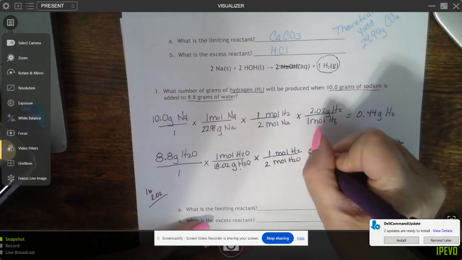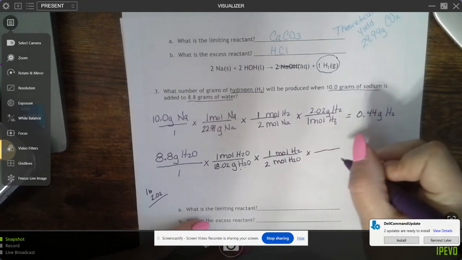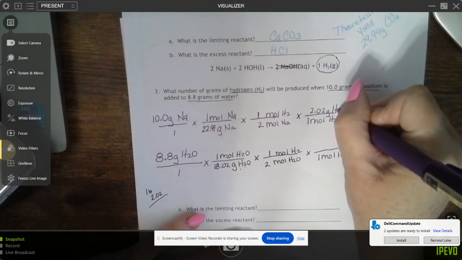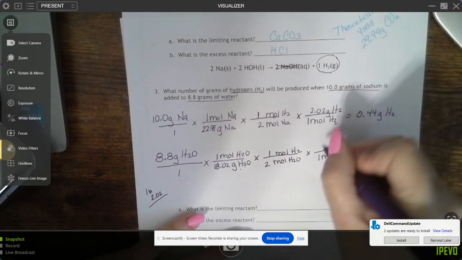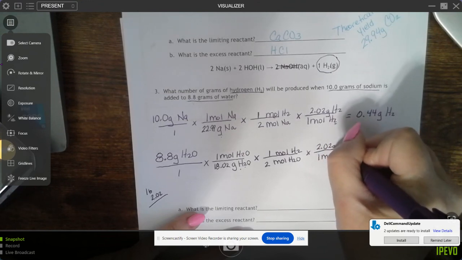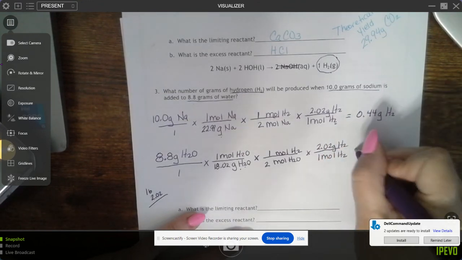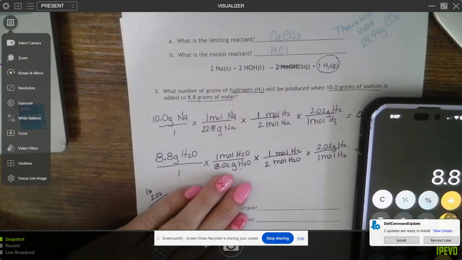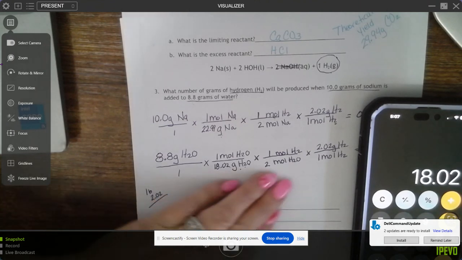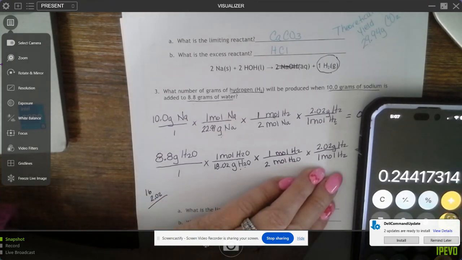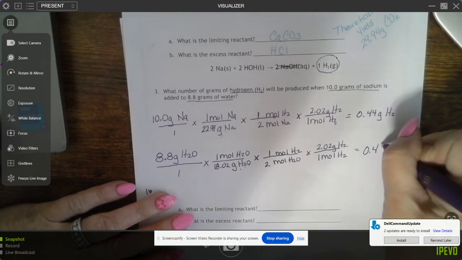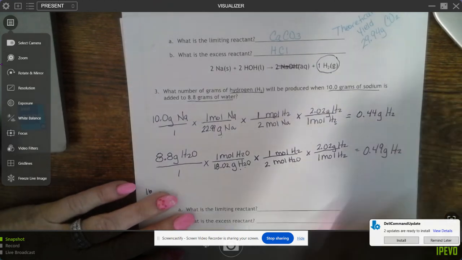Then finally, we go from moles of hydrogen to grams of hydrogen. 1 mole of H2 has a molar mass, which we already calculated, of 2.02 grams. So 8.8 divided by 18.02 divided by 2 times 2.02 is 0.49. So 0.49 grams of H2 is produced.